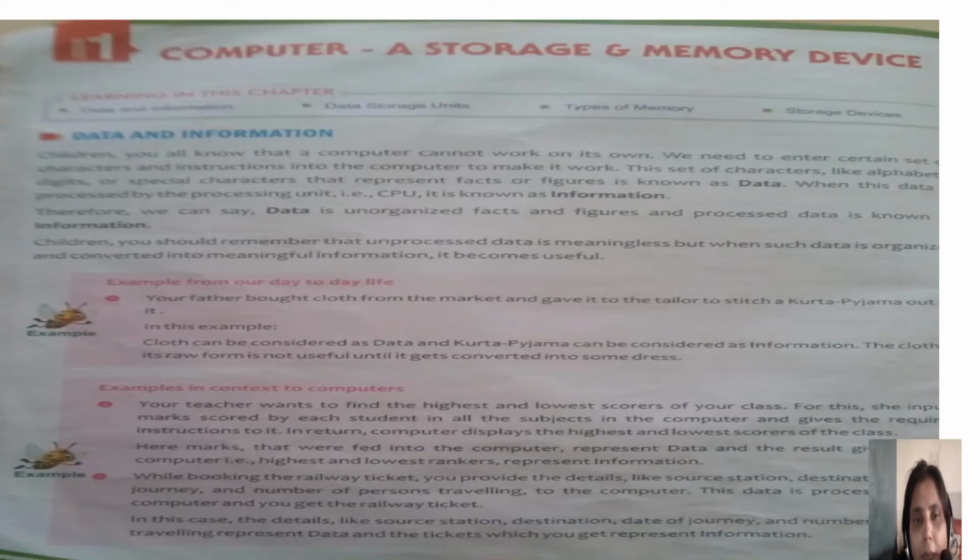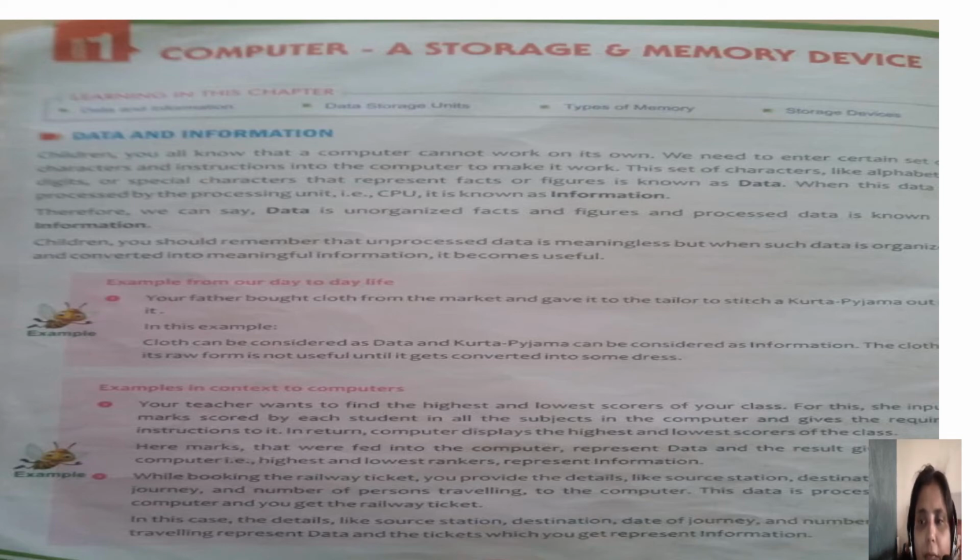So children, the name of our chapter is computer, a storage and a memory device. As you can see on page number 6, it is written that you all know that a computer cannot work on its own. We need to enter certain characters and instructions into the computer to make it work.